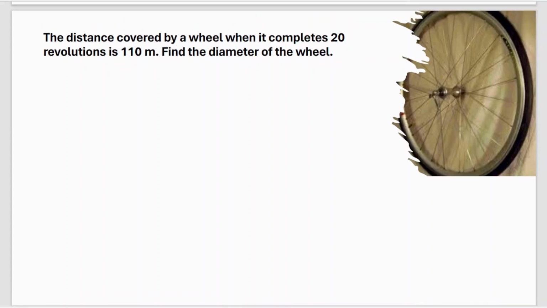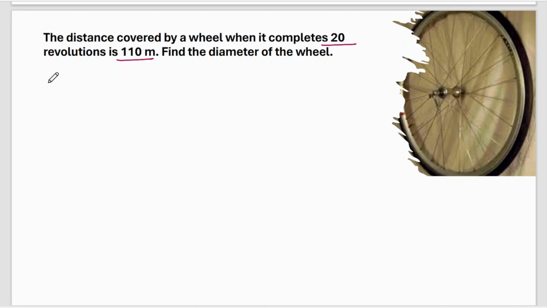The distance covered by a wheel when it completes 20 revolutions is 110 meter. Find the diameter of the wheel. See, how much distance have they covered in 20 revolutions? It is 110 meter.